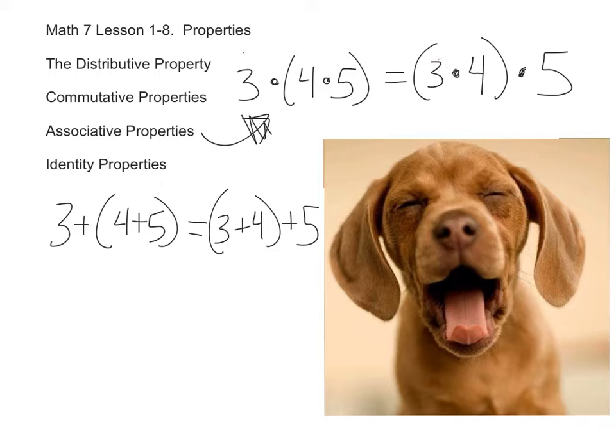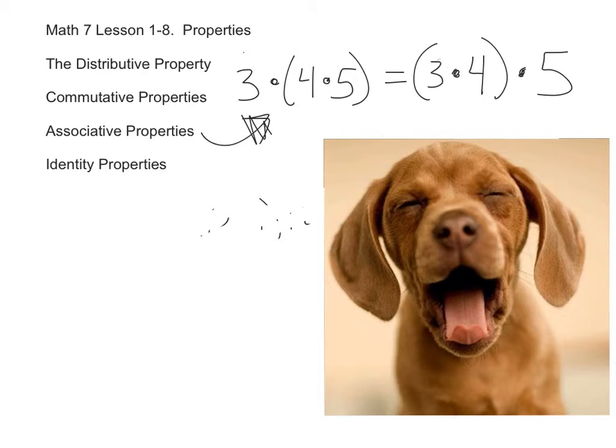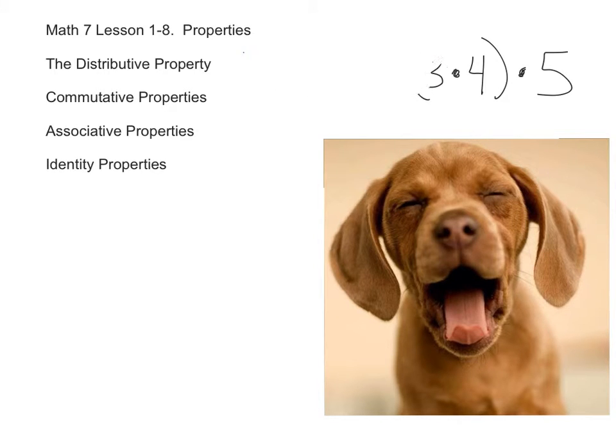Okay, final property to talk about, and that is identity properties. And you're going to love these because they're something that you've learned about since you were in probably 3rd grade when you were first learning how to multiply. Identity properties are simply saying that when you use certain operations with numbers, you always end up with the number that you started with. For example, 1 plus 0 is equal to 1.